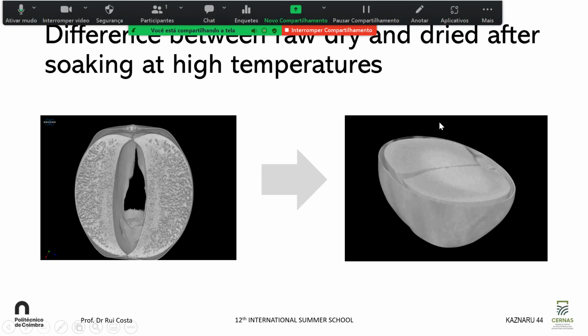It will stay like this. Look here. This is the raw green pea, and this is the dried after cooking green pea. You see that the starch was gelatinized, was expanded, and then when it dried again, it didn't retract to the original shape. So there is less space in between than there is when it was raw.